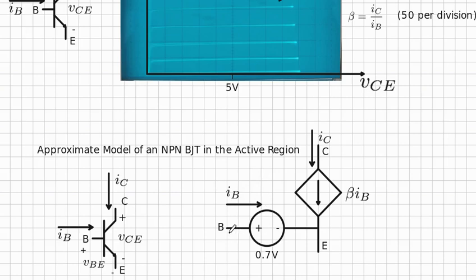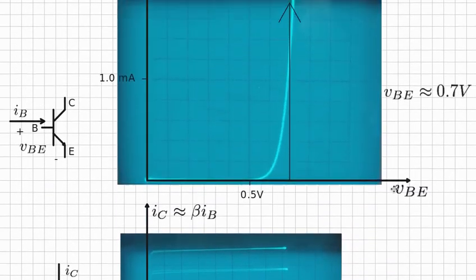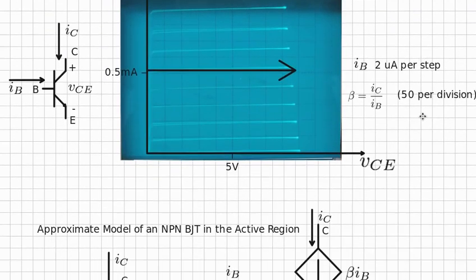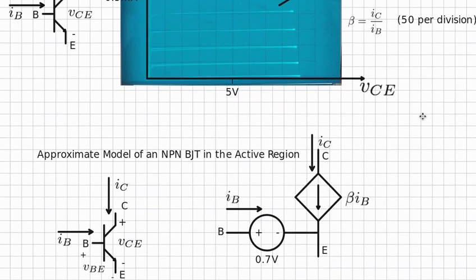For the base-emitter junction area, we modeled it simply as a 0.7 volt voltage source, which came from the approximation of this curve in green by this line in black, given by this equation, VBE equals 0.7 volts.